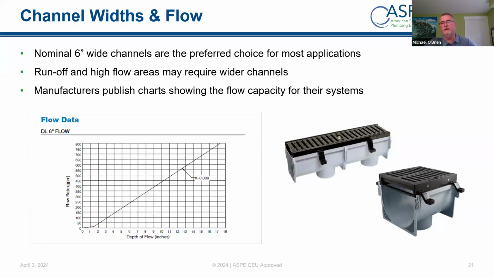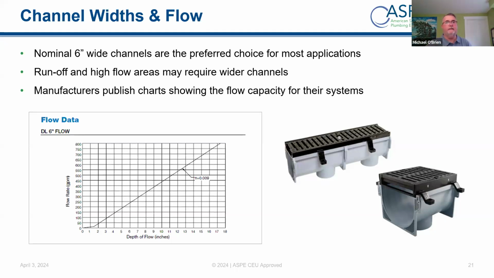But 6 inches is very common. I would say 90% of what I see is 6-inch. You may go to 12-inch where you have the expectation that there may be high velocity or high volume of water hitting that trench drain. It just gives it more containment area.